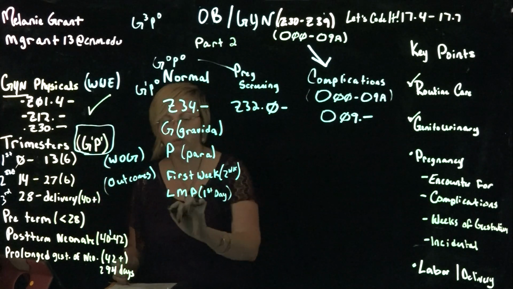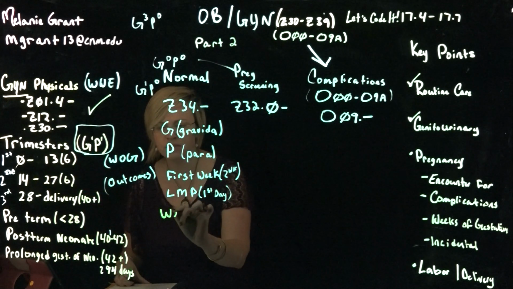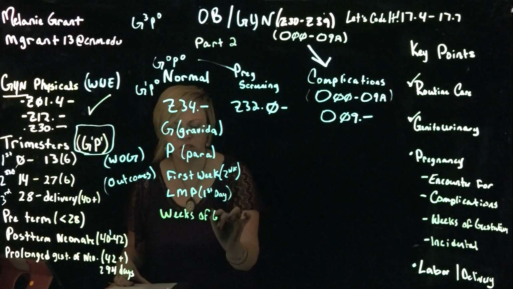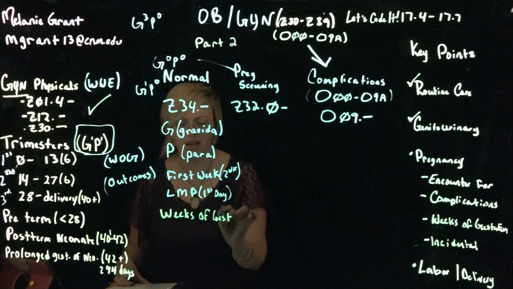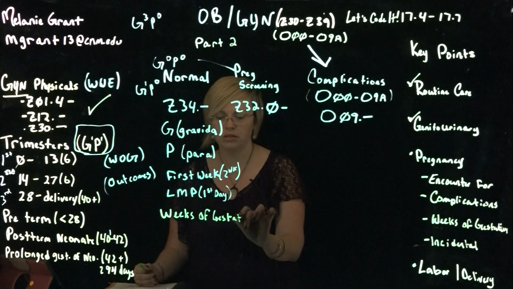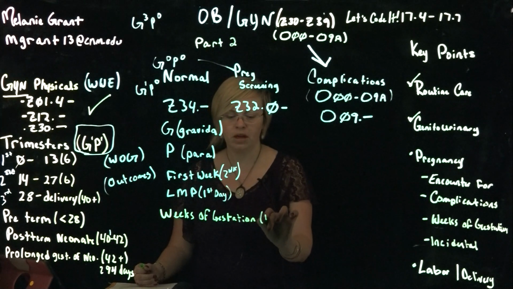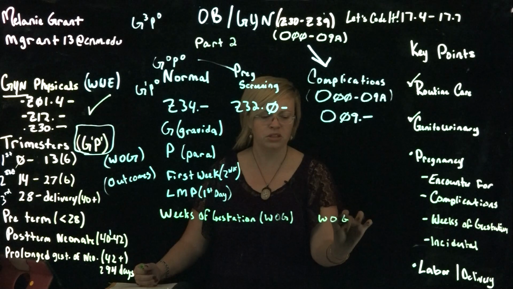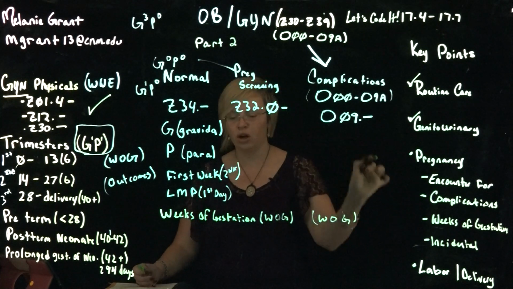Now, while we're on weeks, you also have a weeks of gestation code, which is going to be listed every time that we encounter this pregnant patient. Okay, weeks of gestation is going to go to all of these.